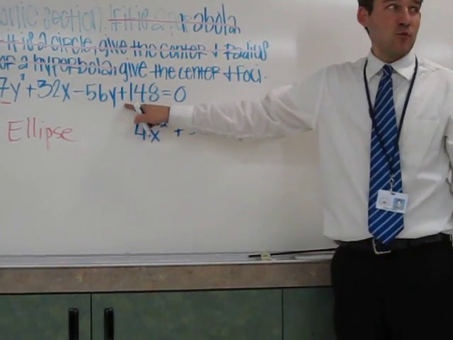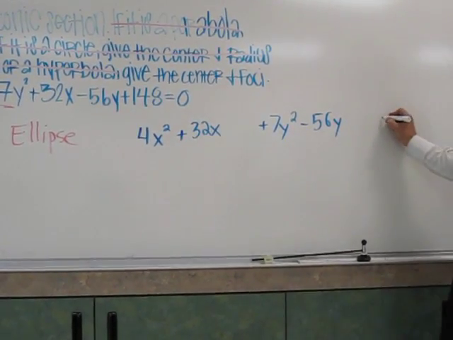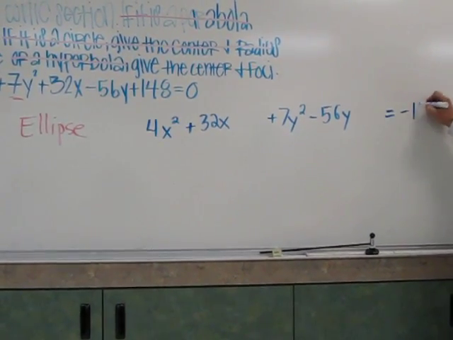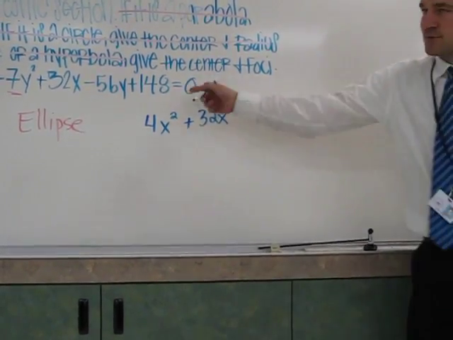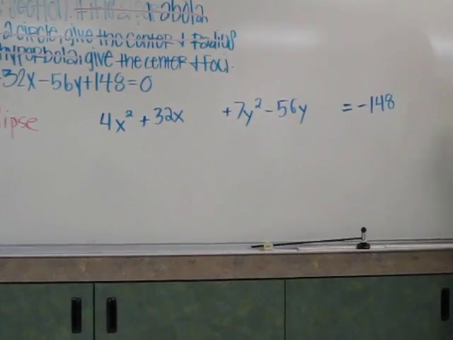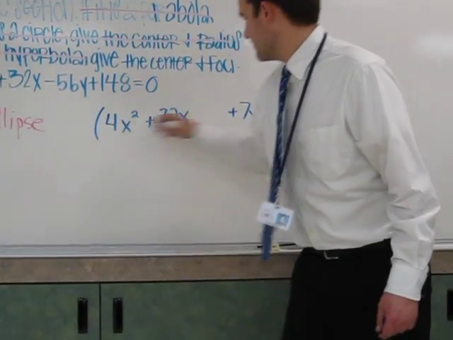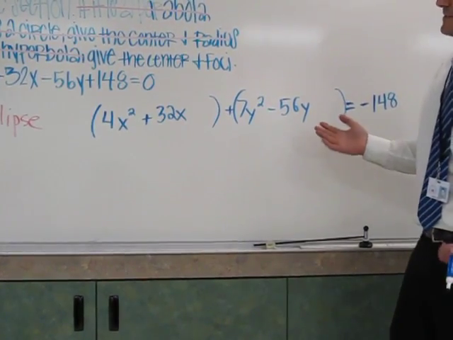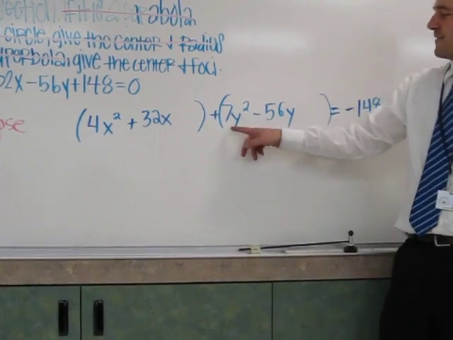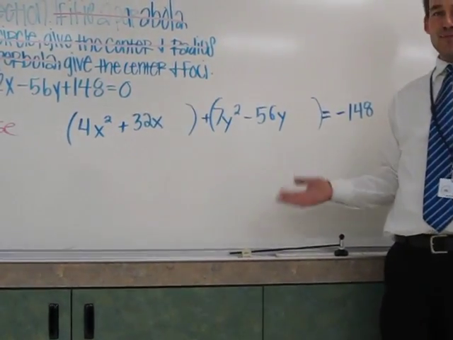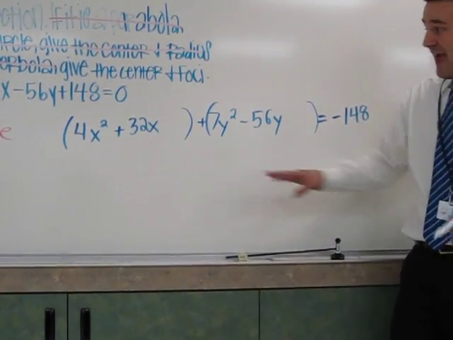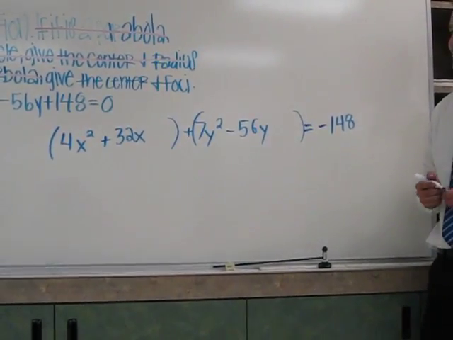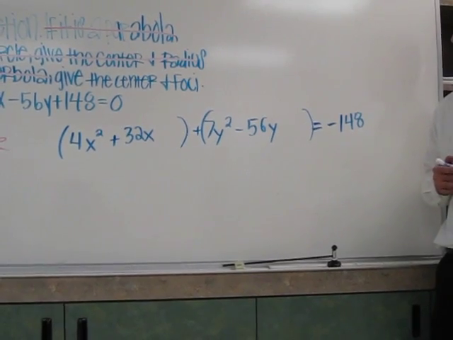And now we're going to move this 148 to the other side, because it doesn't have an x or a y in it. So it will be a negative 148 if we subtract 148 from both sides. The next steps involve factoring out this 4 and factoring out this 7, then completing the square and being sure to add anything you add to this side to the other side as well. It's very difficult. Good luck.